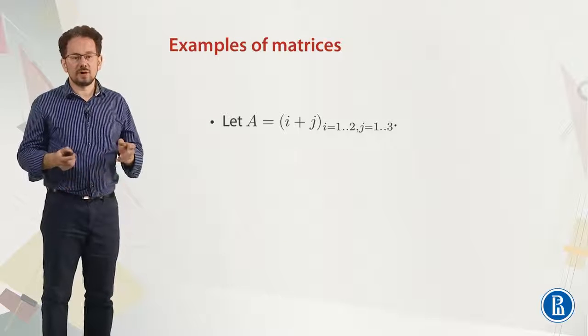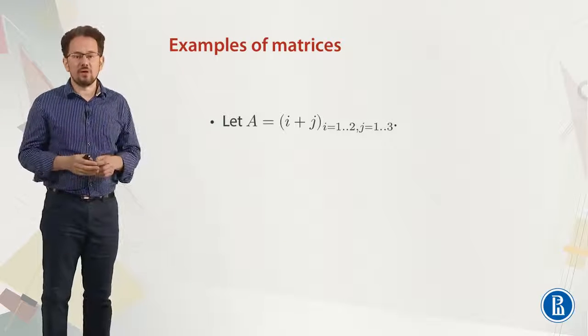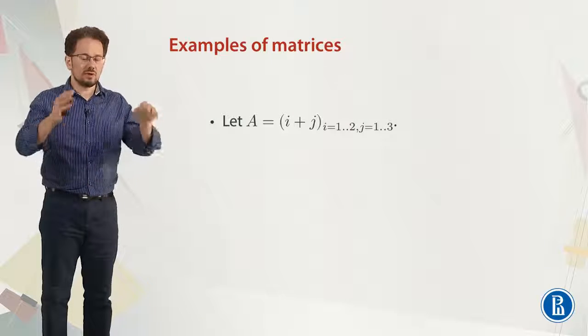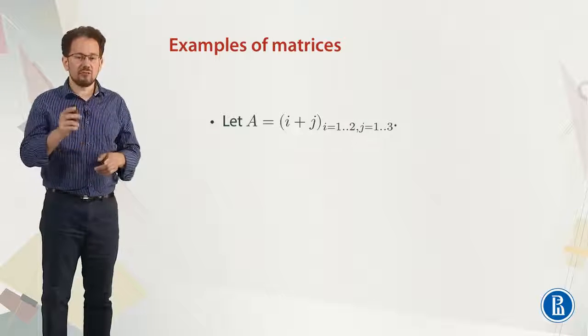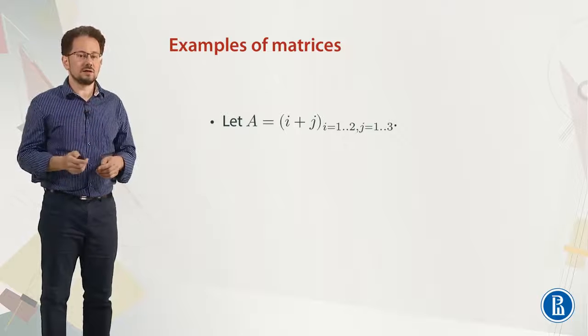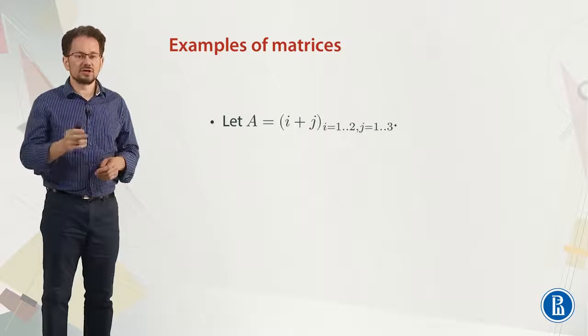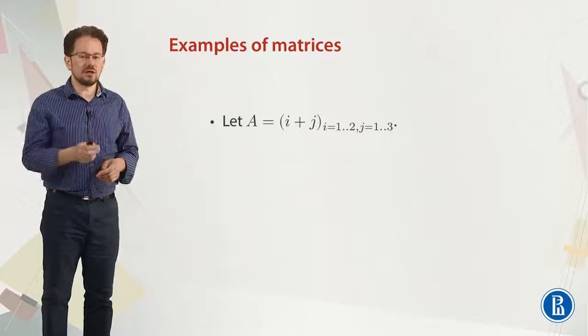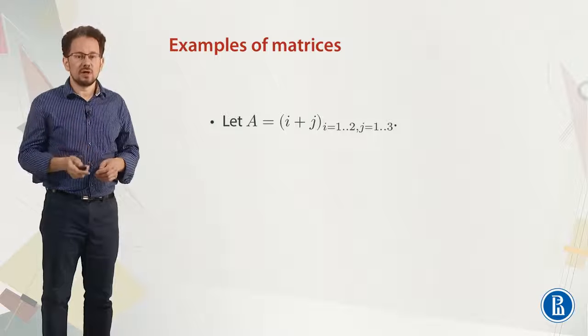Examples. For example, look at this formula: i plus j in parentheses. Very important to note that i is the first index, so i is the row index, and j is the second one, so j is the column index.